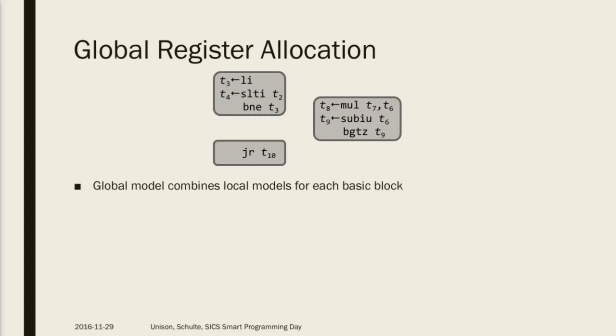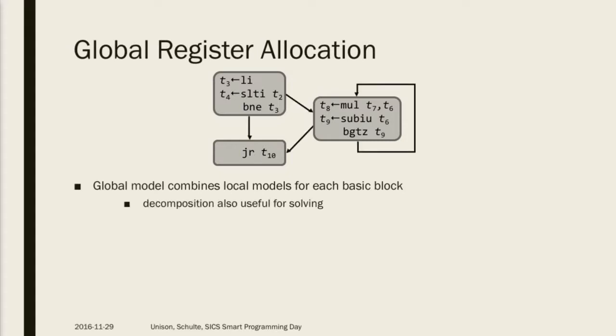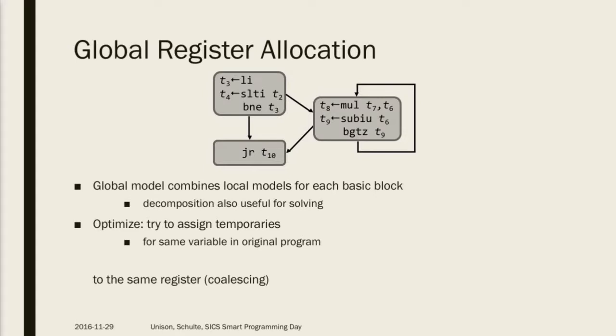Then we have a global model that combines the local models for each of the basic blocks. The decomposition is also useful for the solving process. And what we try to do is assign temporaries as much as possible to the same register, using a process called coalescing, that correspond to the very same variable in the original program, right?